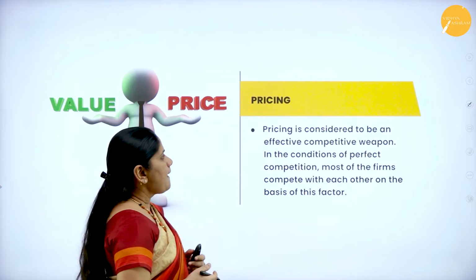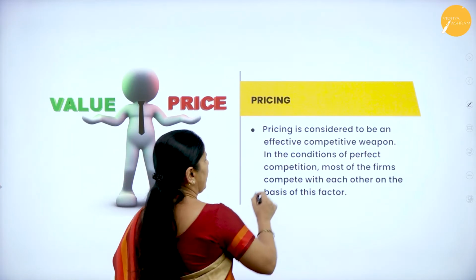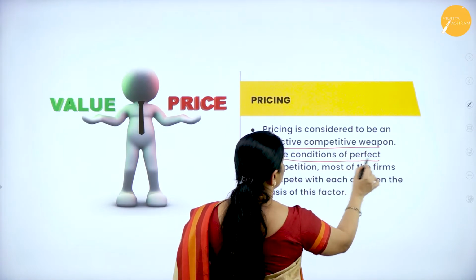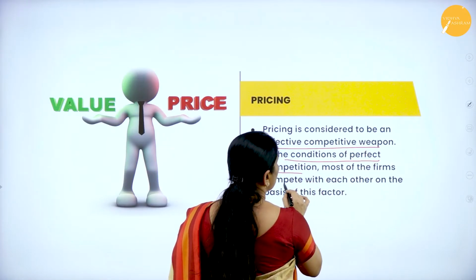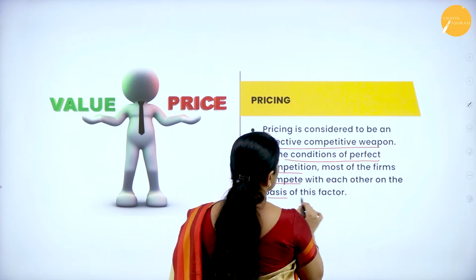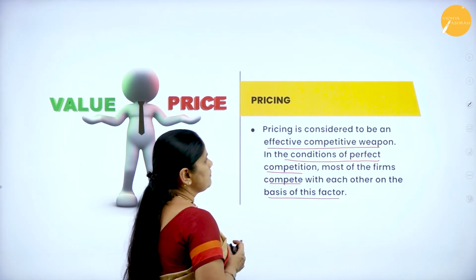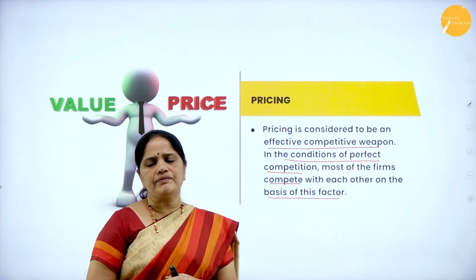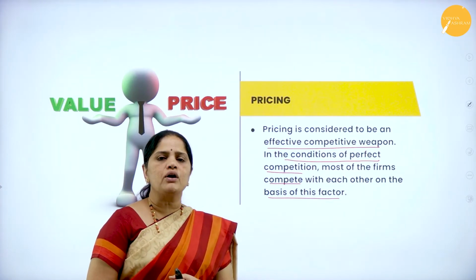Then next, pricing is considered to be an effective competitive weapon in the conditions of perfect competition. Most of the firms compete with each other on the basis of this factor. Now, this pricing factor is an important factor whenever there is perfect competition.